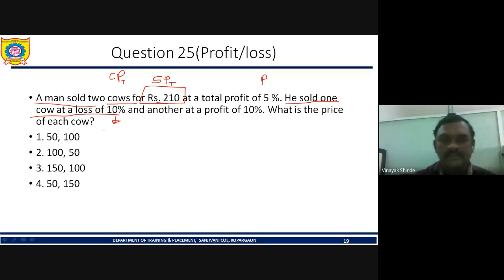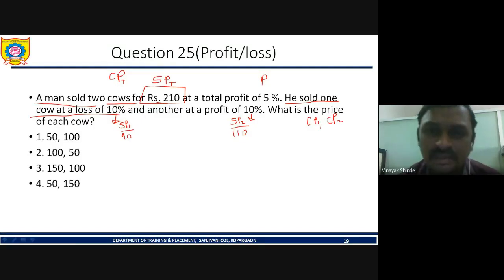So the selling price of cow number 1 is 90% and selling price of cow number 2 is 100 plus profit, it is 110. We need to calculate cost price 1 and cost price 2, means cost price of 1 cow and cost price of the second cow.